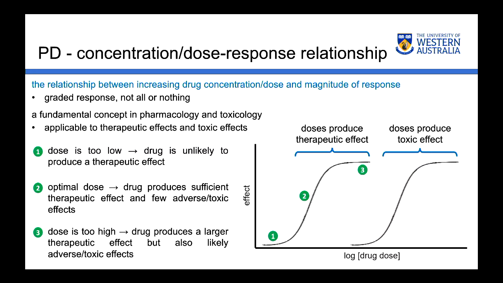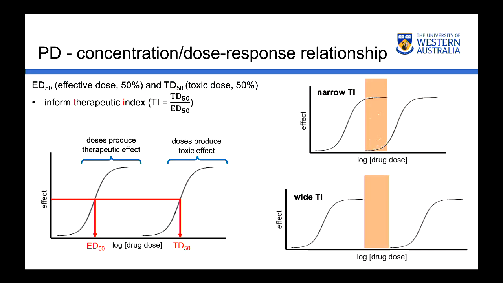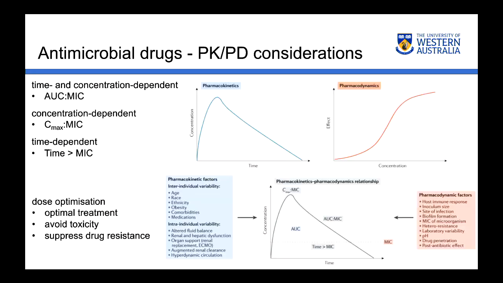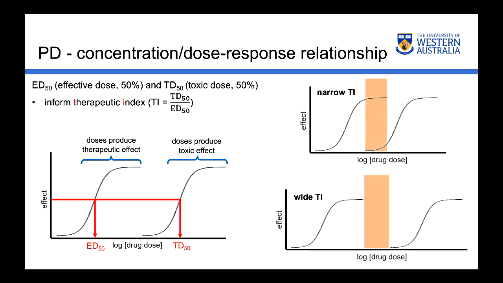Now, we'll look at curves, one for PK and one for PD. What we're going to look at next, again on PD, is, going back to the curves, one for therapeutic effects and the other one for toxic effects.